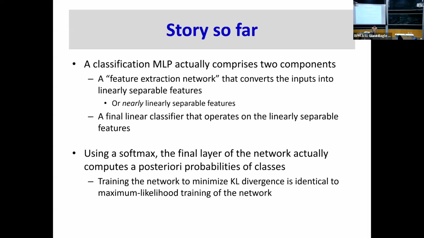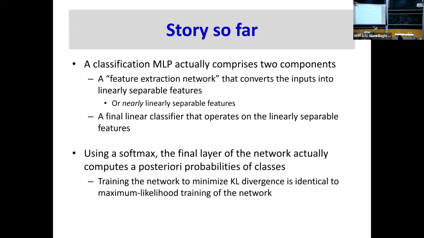So here's the story so far. A classification multi-layer perceptron actually consists of two components. There's a feature extraction network that converts inputs to linearly separable features or nearly linearly separable features. And there's a final linear classifier that operates on these features.